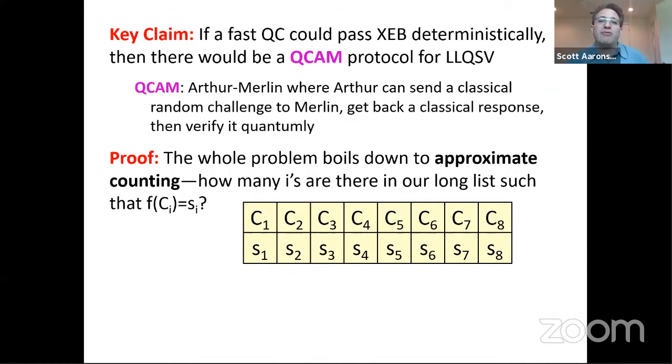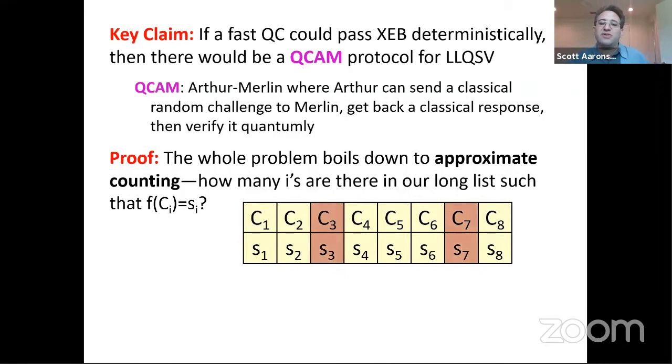Now, why would we get such a QCAM protocol? Well, intuitively, the whole problem just boils down to approximate counting. In other words, we have this exponentially long list of circuits and purported samples from the circuits. And it suffices if we can just estimate how many i's there are in our gigantic list such that f of c sub i equals s sub i.